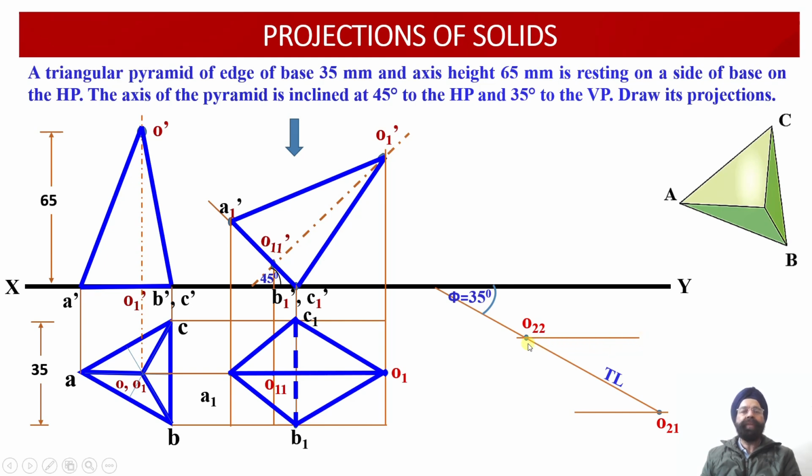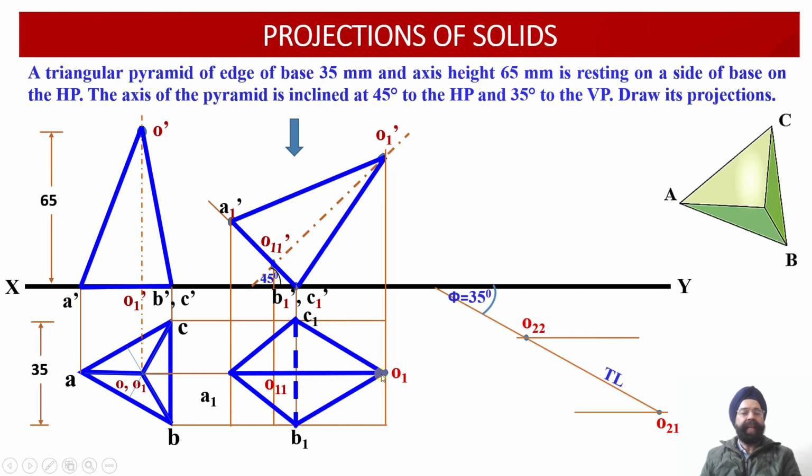Now from the principle of rotation of the line, we know that we have these two construction lines, one drawn through O21 and another through O22. Between these two locus lines, the true length of the axis will be lying, as well as the apparent length of the axis.